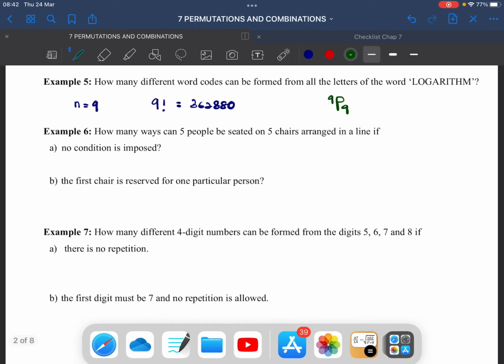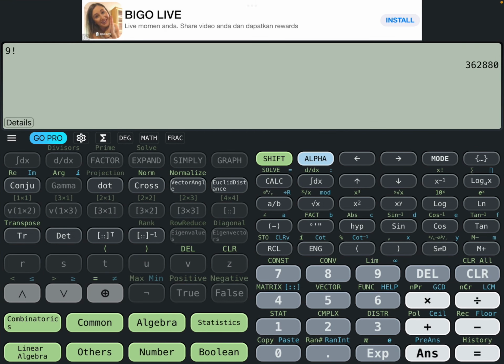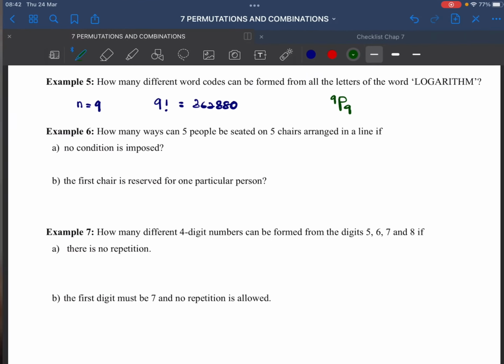Macam mana nak tekan 9P9 dekat situ? P kamu ialah yang di sini, yang darab di sini. Nampak? Dia tulis nPr yang warna hijau tu. So, how are we going to put 9P9? Just tekan 9, shift darab. Dia tulis P dekat situ, tekan 9. We are going to get the same answer, 362880.